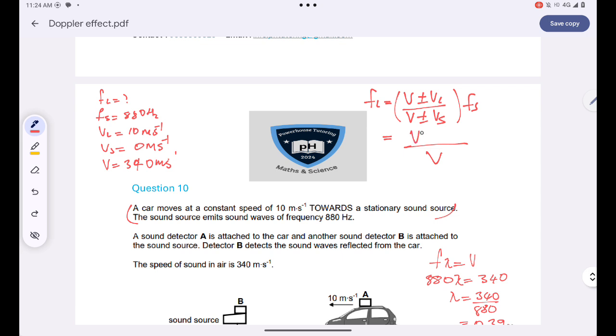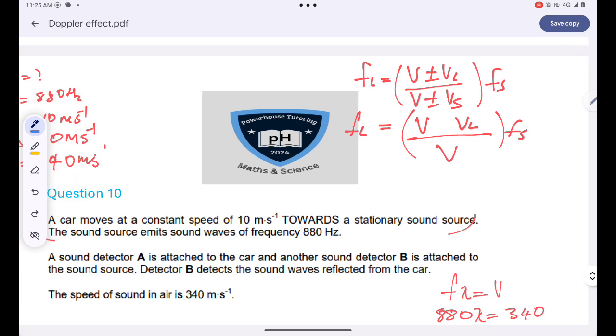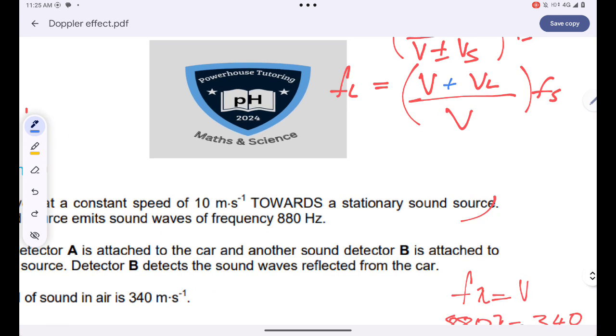At the top I will have v and the velocity of the listener, multiplied by the frequency of the source. Please note that whenever the listener is moving towards the stationary source, our numerator will have a plus. So we'll simply have 340 plus 10 all over 340, all multiplied by 880.